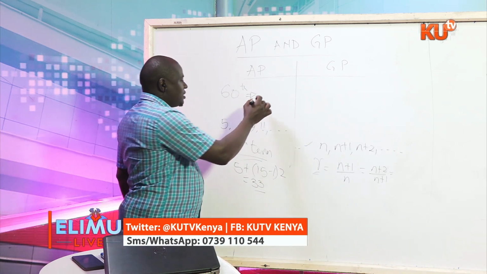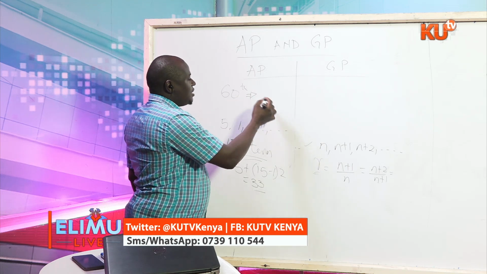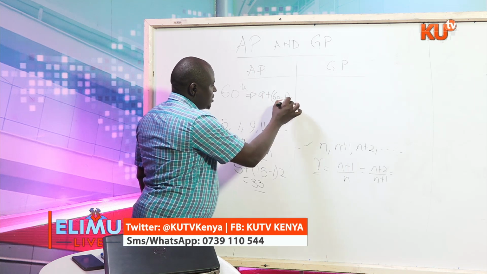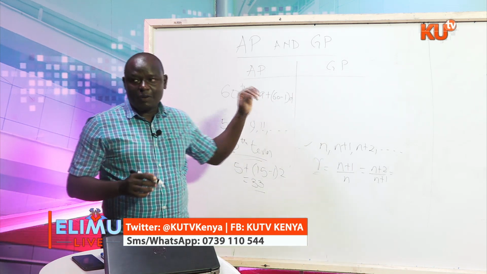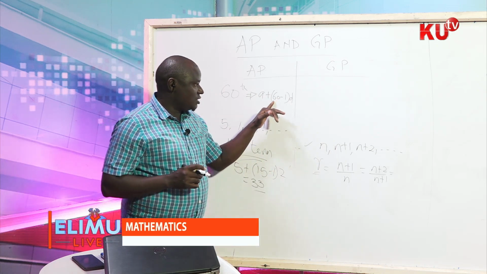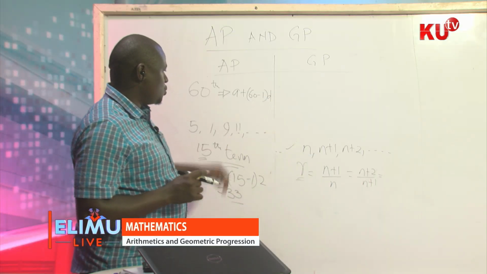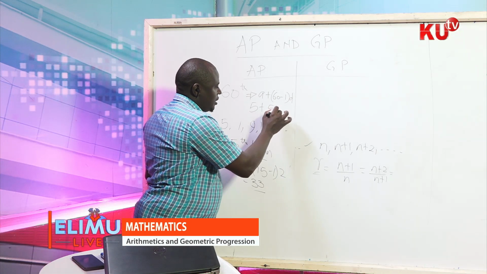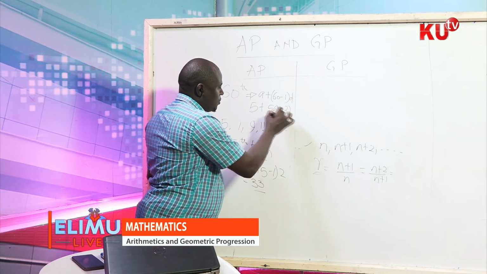And so we are saying that the 60th term shall be given by A plus 60 minus 1 into bracket D. In that case, our A remains to be 5, our n is 60 and our D remains to be 2. In that case, we have 5 plus 59 multiplied by 2.